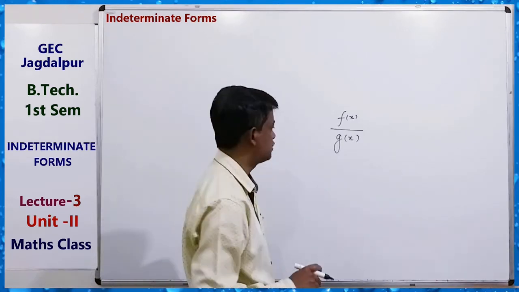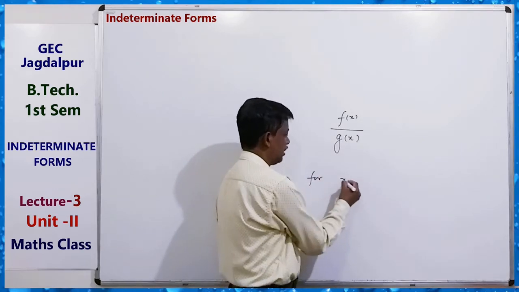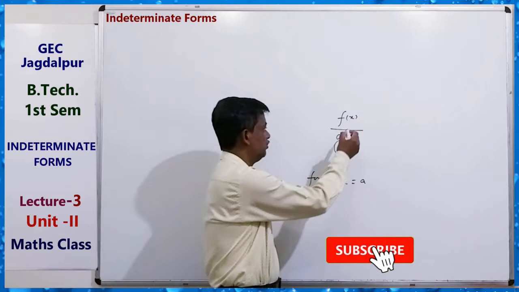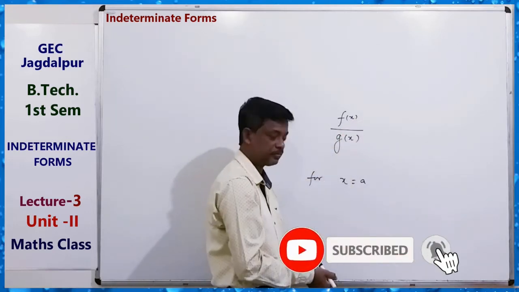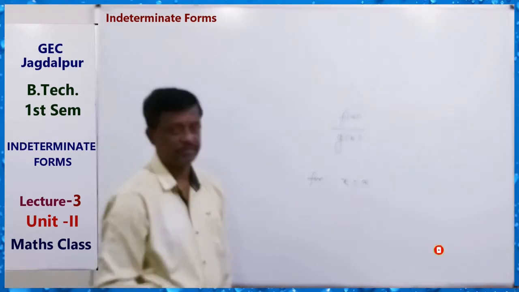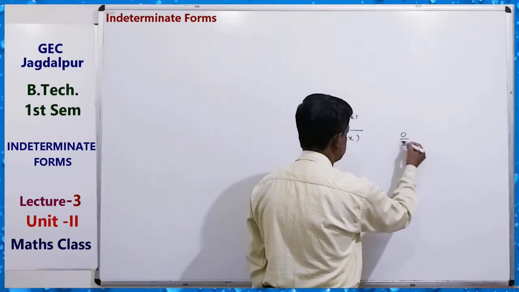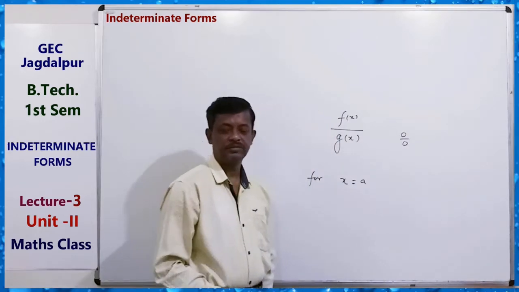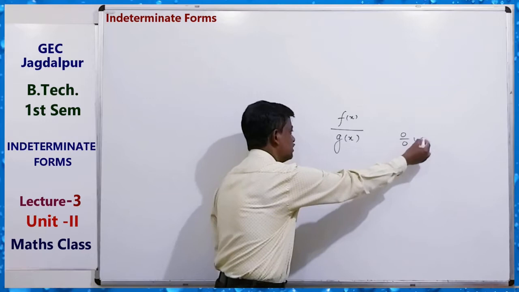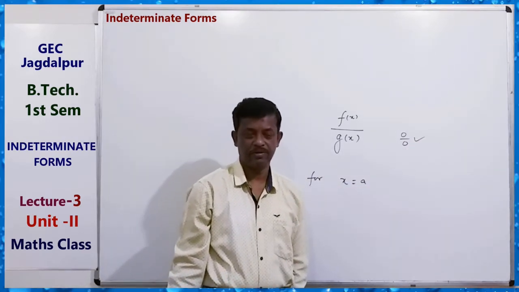Indeterminate form means for a particular value of x, suppose x equals a, f(x) is 0 and also g(x) is 0. Then we get a 0 by 0 form. This is an indeterminate form.